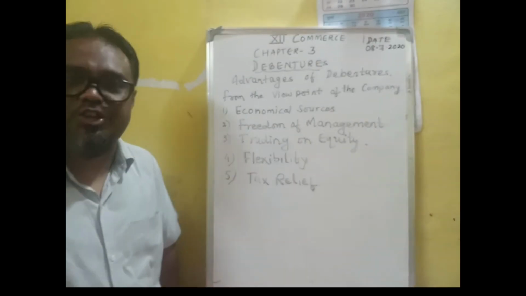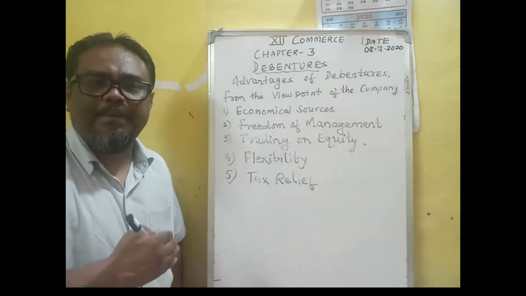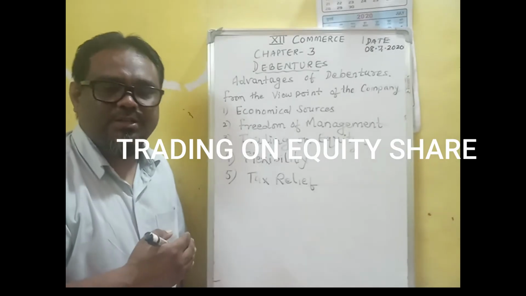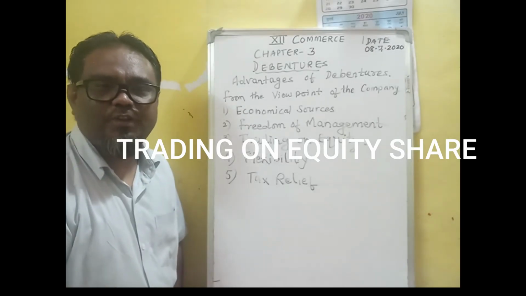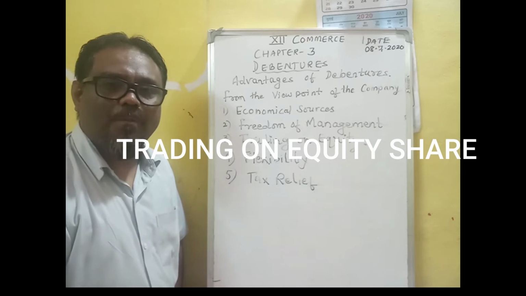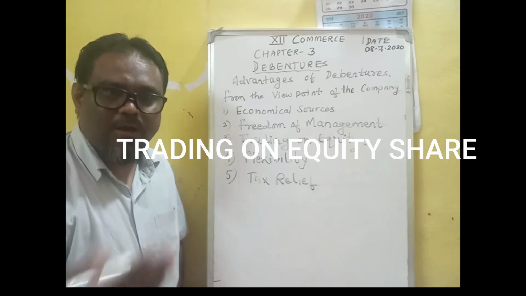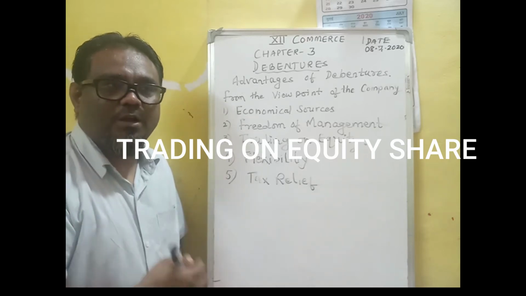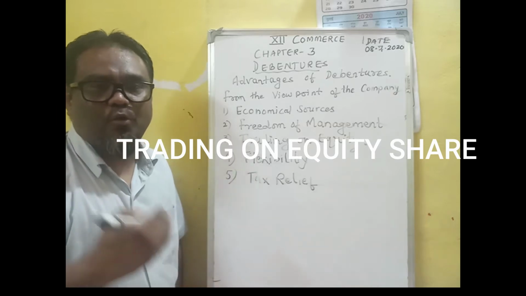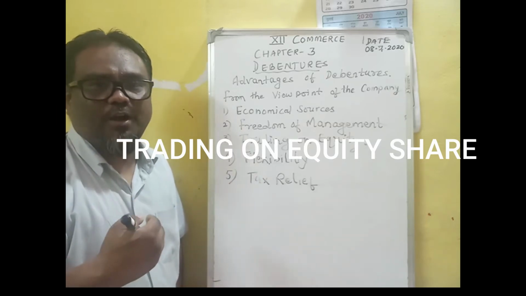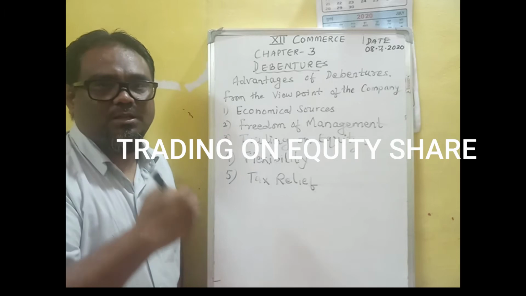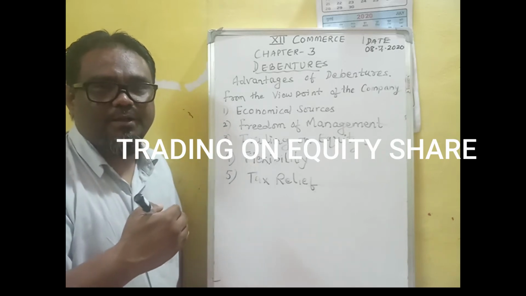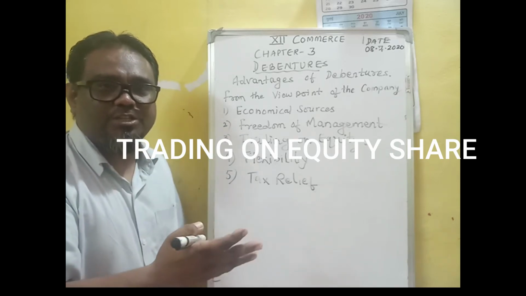Next is trading on equity shares. When the company issues debentures, it has to pay a fixed rate of interest. When the company issues shares, it has to pay dividend. Debentures are borrowed funds, whereas shares are own funds. The company utilizes the borrowed funds and pays the interest.